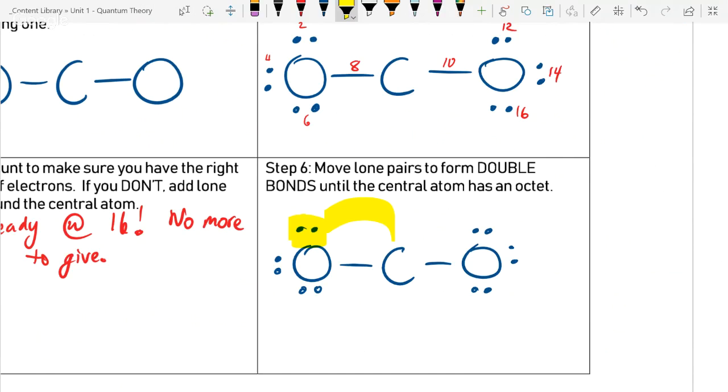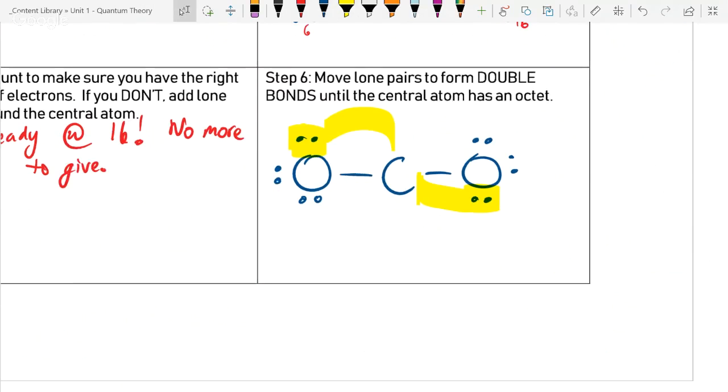Well, so just sharing this pair would now mean carbon would have how many electrons? And so now we could also share this same one, but in nature, again, we said nature's lazy. It is easier for this oxygen to share these electrons than for this one to do double duty and share 2 pairs. Does that make sense? So oxygen will take this pair and share them. And we form what we call double bonds.